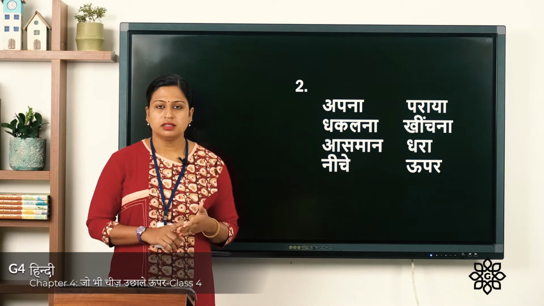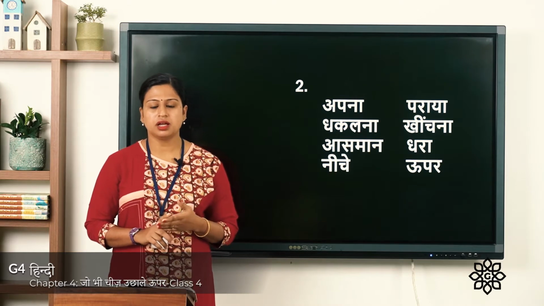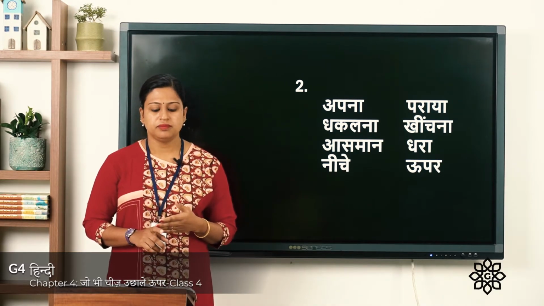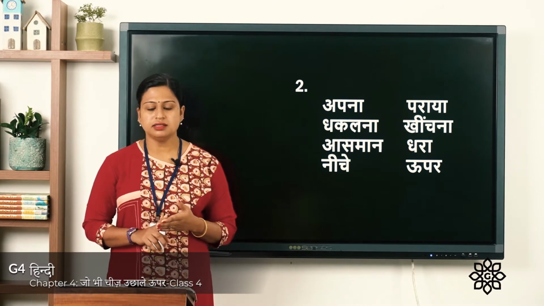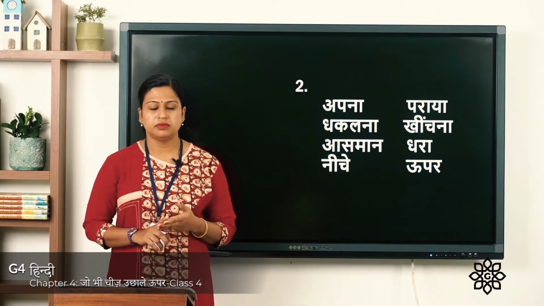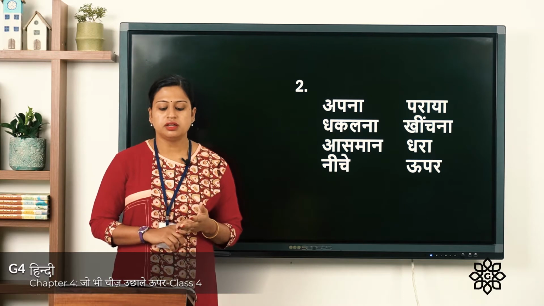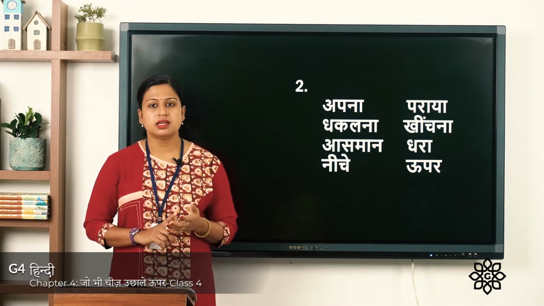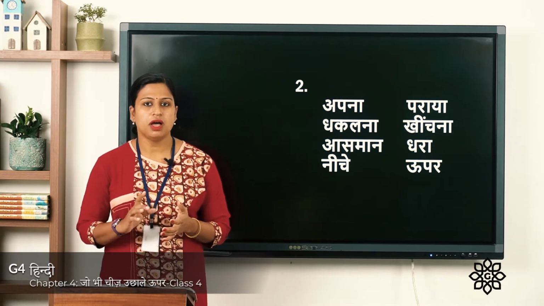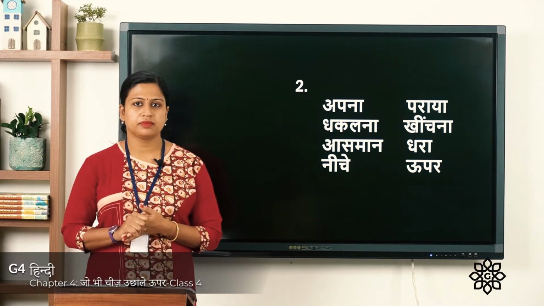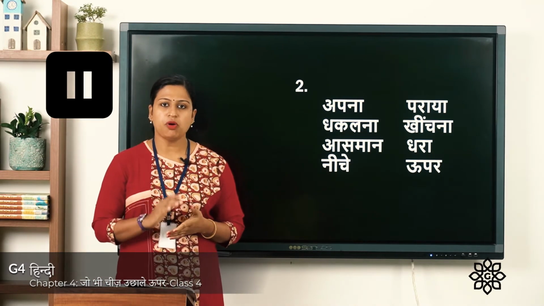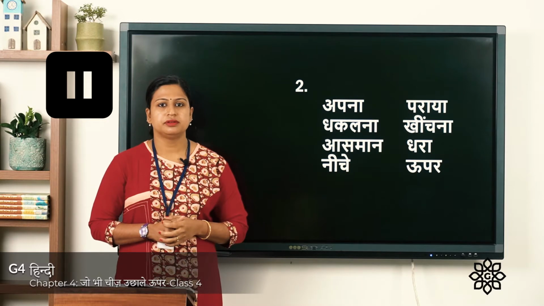Kha, dhara, prithvi, gagan, dharti. Third one, bhed, rahasya, raz, dar. चौथा जग, शहर, जगत, संसार. So you have to circle the odd one. You have to pause the video and do it.